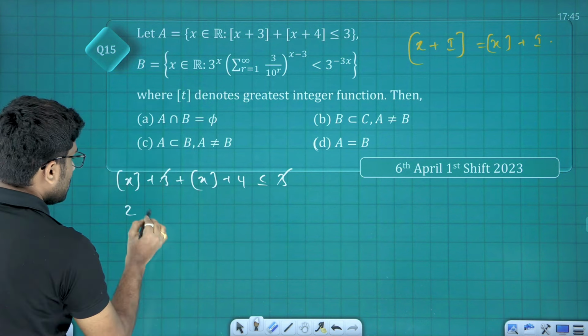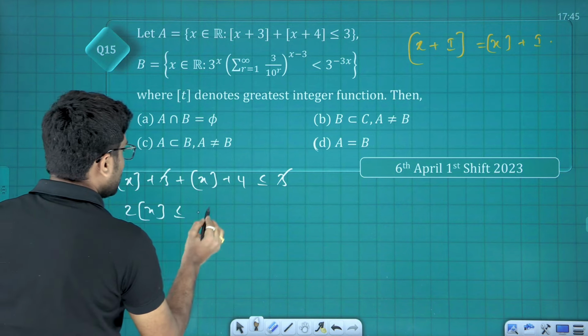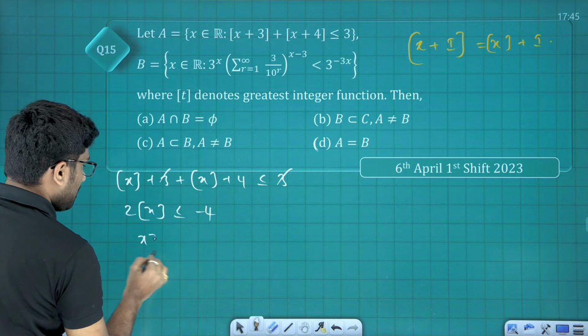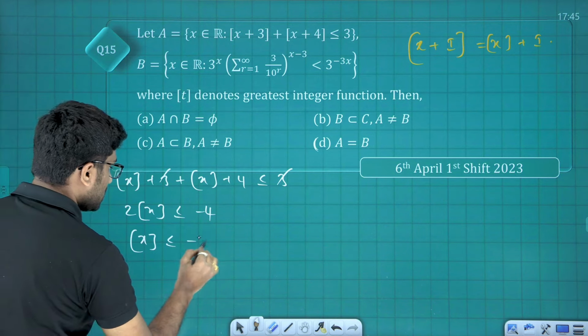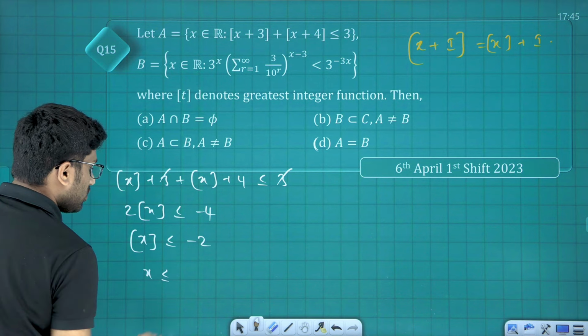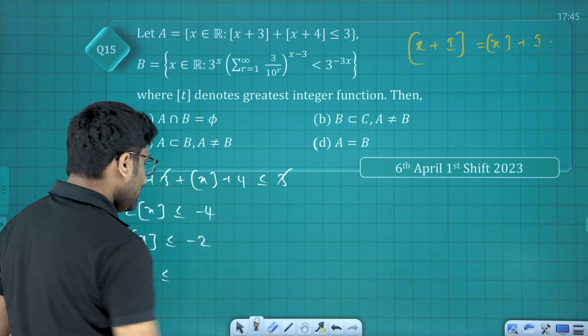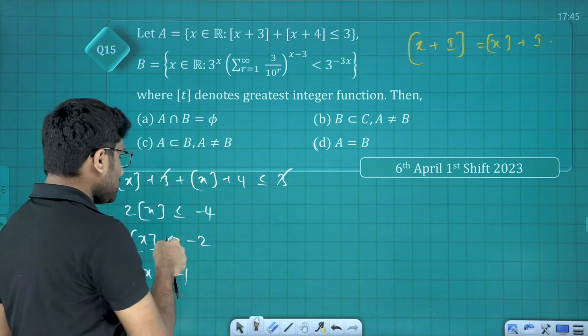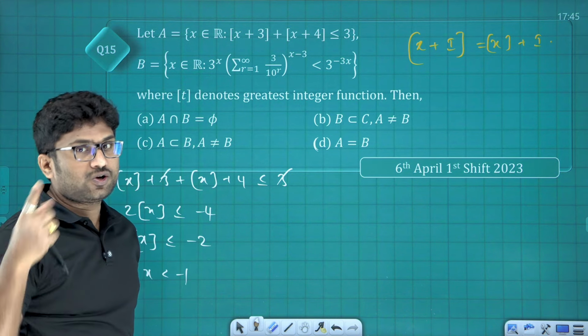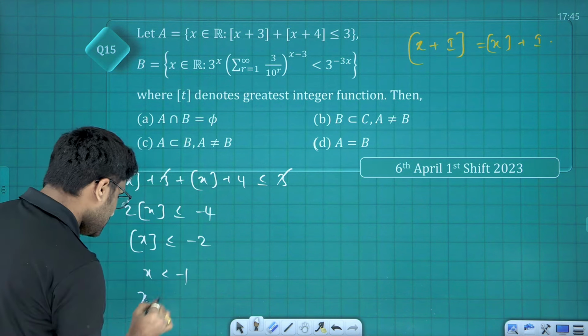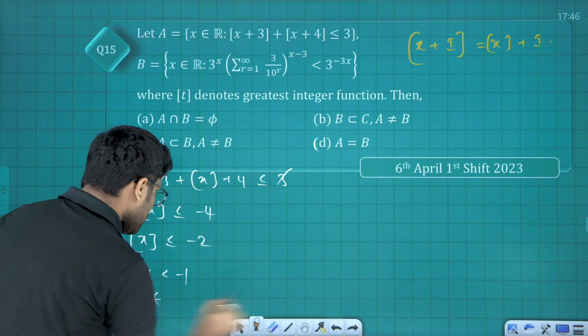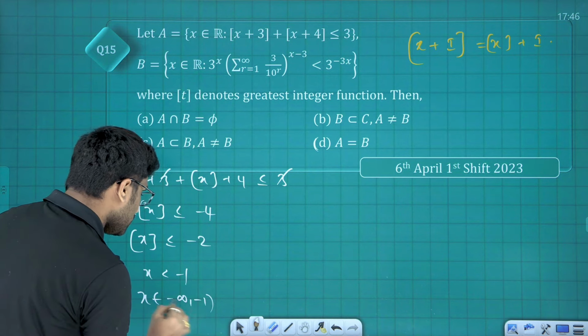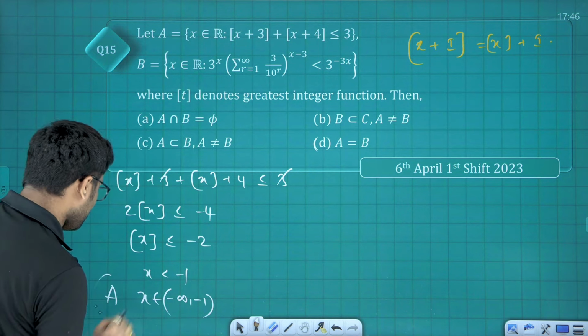The 3 cancels. So 2 times step x is less than or equal to minus 4, so step x is less than or equal to minus 2. That means x is less than minus 1. If x is less than minus 1, step x will always be less than or equal to minus 2, correct? So x belongs to minus infinity to minus 1. This is our set A.